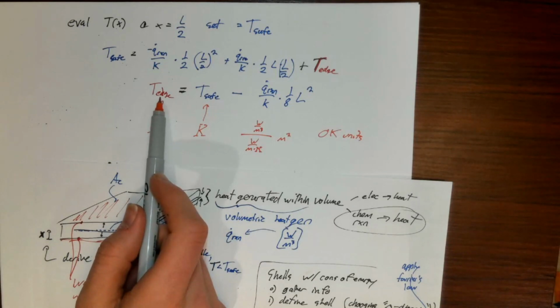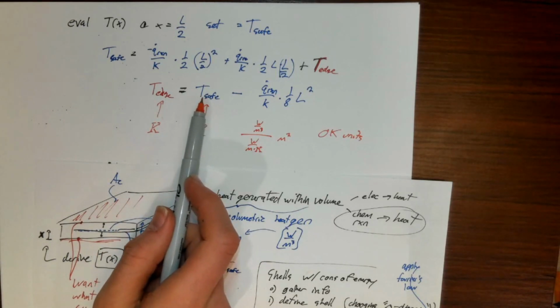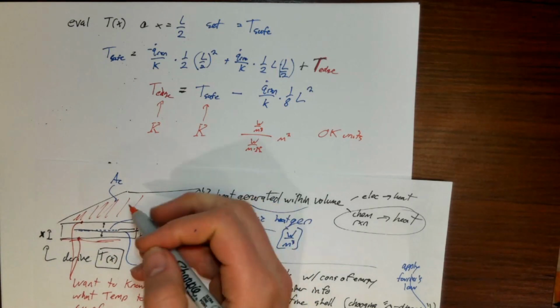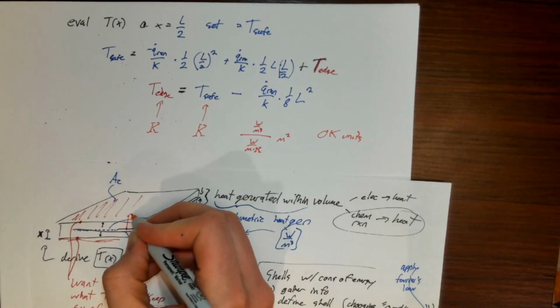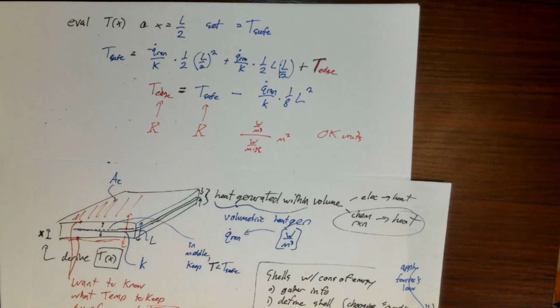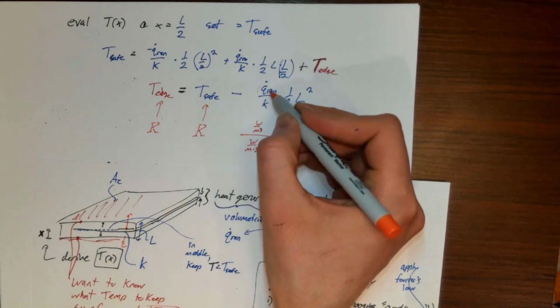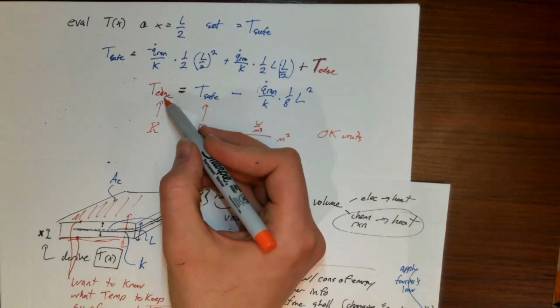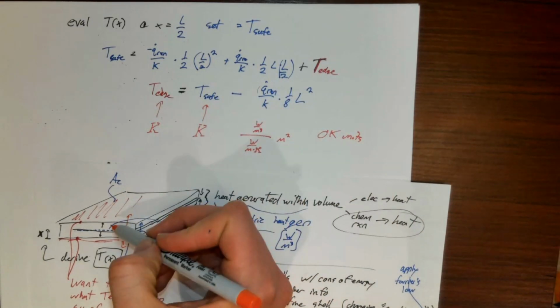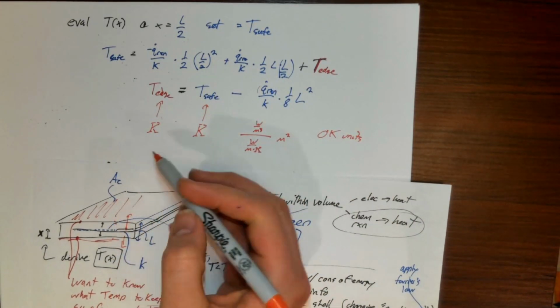Basically, the edges have got to be cooler than the safe limit, because if the edges aren't cooler, then I'm not going to have that temperature gradient to drive conduction from the center towards the outside. And the higher this heat generation term, the more I'm going to have to suppress that edge temperature in order to get all that heat out.